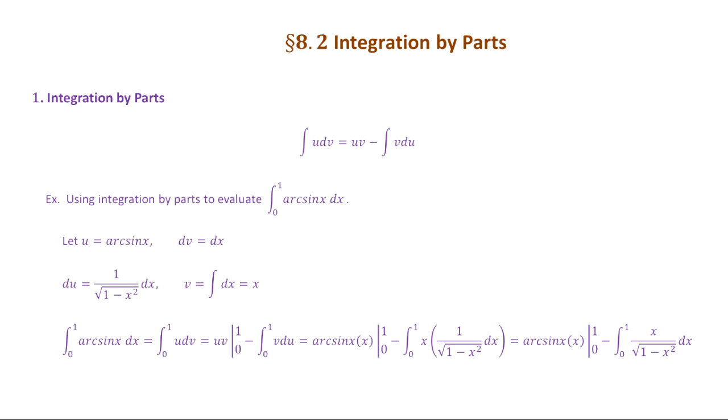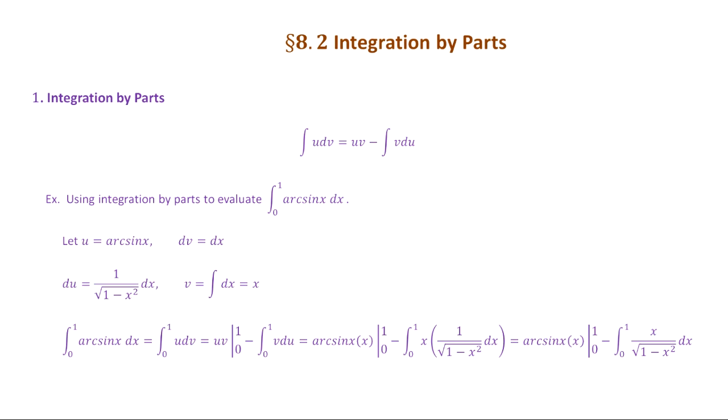So again, we have arc sine x dx, and that should be u dv in our problem. If you check the integral table, you don't see the formula, and if you try to use integration by substitution to define a new variable, it will not work, if you try that.